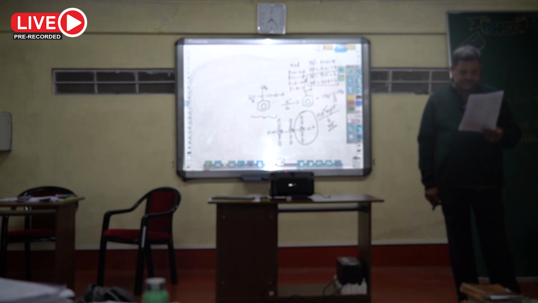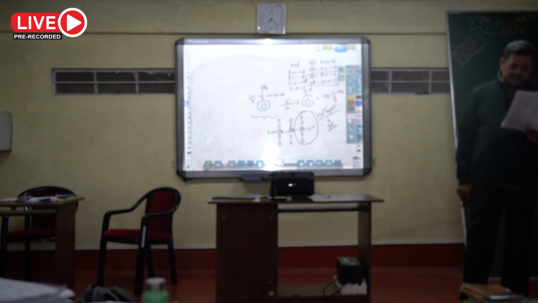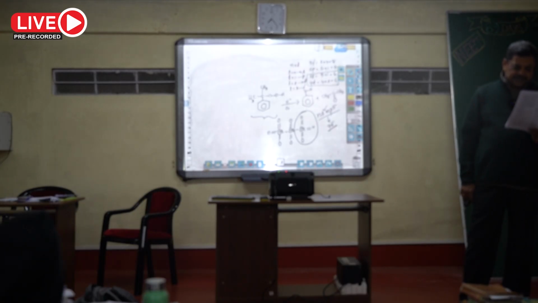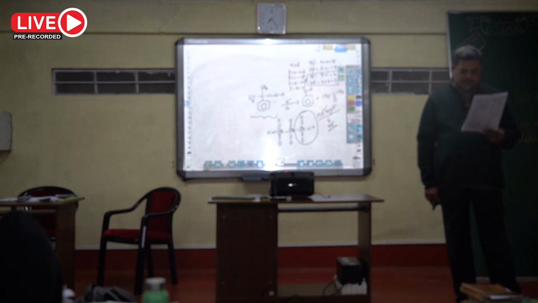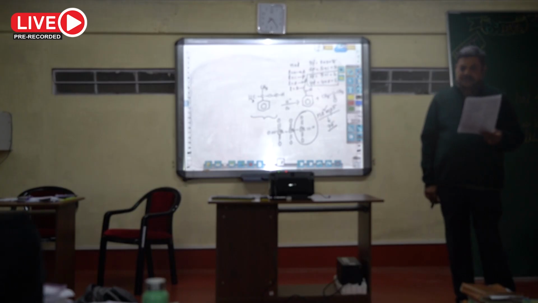Now 51. Under isothermal condition, the gas at 300 Kelvin expands from 0.1 liter to 0.25 liter against a constant external pressure of 2 bar. The work done by the gas.